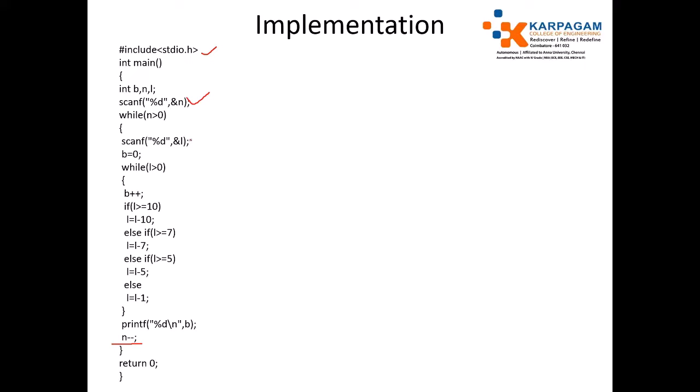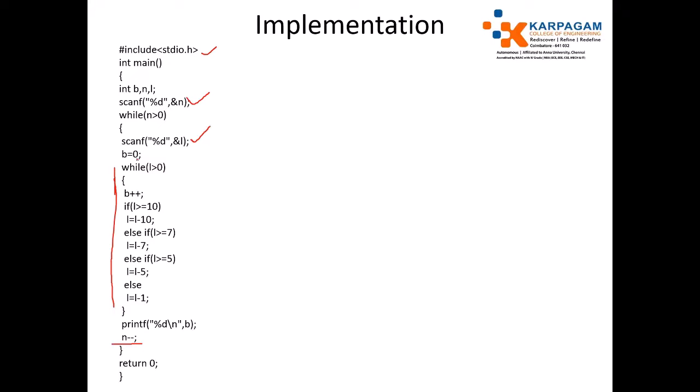Get the demand of milk and store it into L. Initially make the count of bottles b equal to 0. Inside the while loop, there is an external loop for receiving test cases, and an internal loop for finding the minimum number of bottles needed to fulfill the requirements.